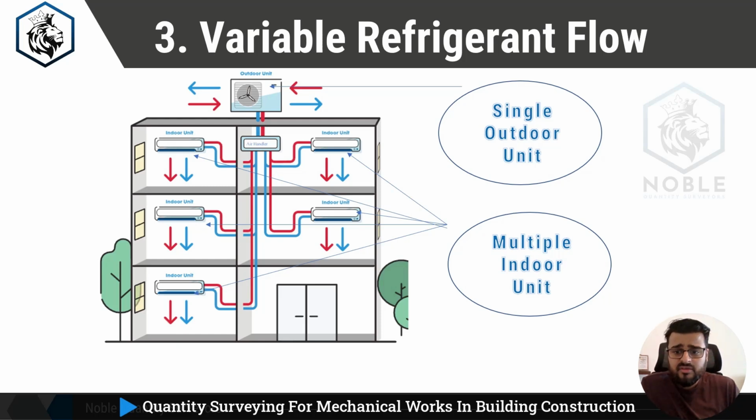Okay, refrigerant pipe is distributed from outdoor to indoor based on the requirement, and the pipe size also differs based on capacity and requirement of indoor units. It has many benefits. If you compare ducted split units and VRF units, VRF units have more benefits than ducted split units.